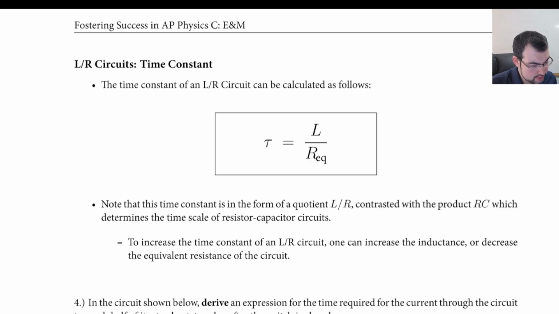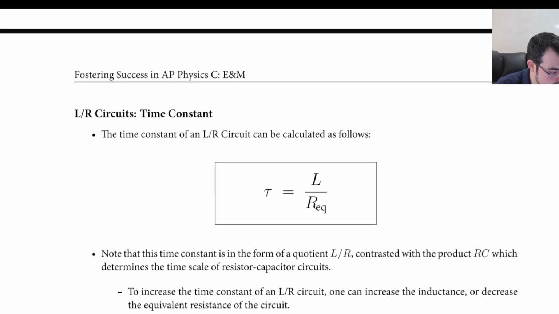As per usual, I think we should verify this has units of time. So we can do that. So what on earth is a Henry? So L is a Henry. Great. What is that? Well, we said that induced EMF is L di dt.